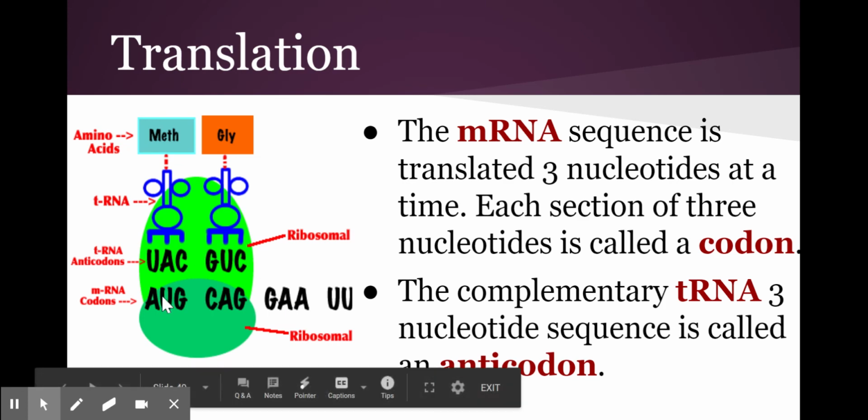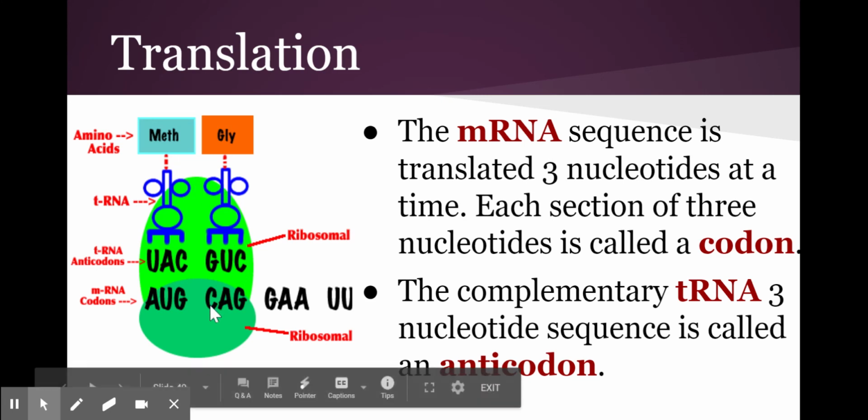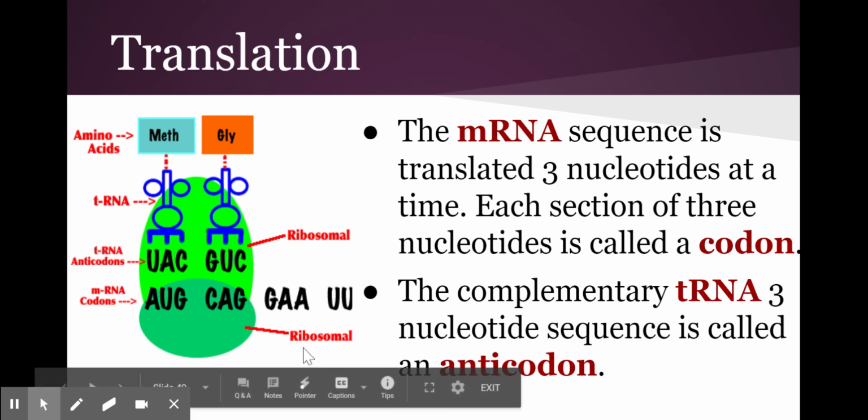Remember that this would happen at your A site, and then it's going to move through to the P site, and the next 3 letters in your mRNA, or your next codon, is going to get paired with the next 3 letters of your tRNA molecule, and it's going to bring over a new amino acid. So if my next sequence was CAG, complementary pairing on the tRNA would be GUC, and it would bring over a glycine, or GLY. And this process is just going to keep happening.